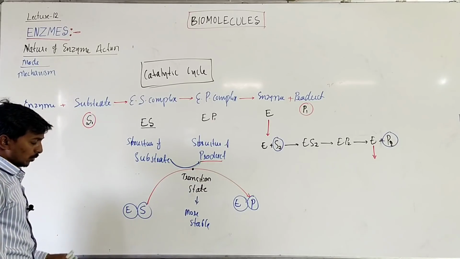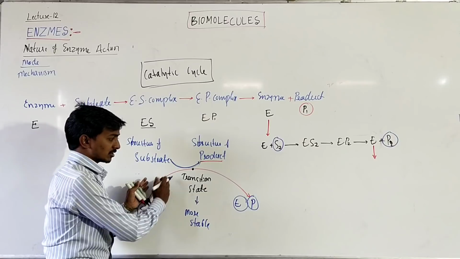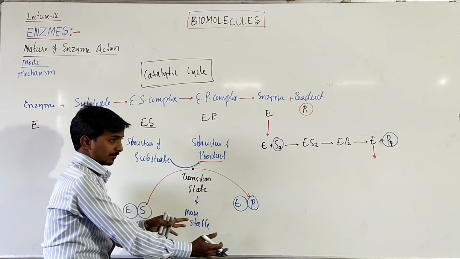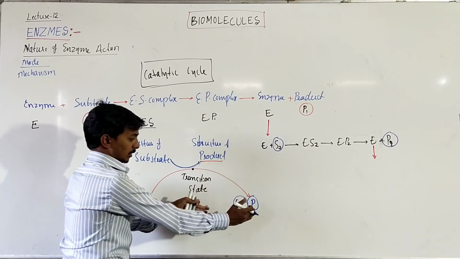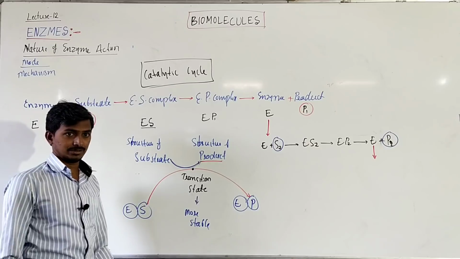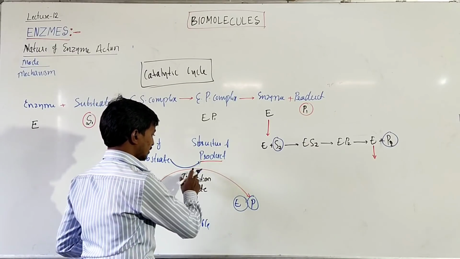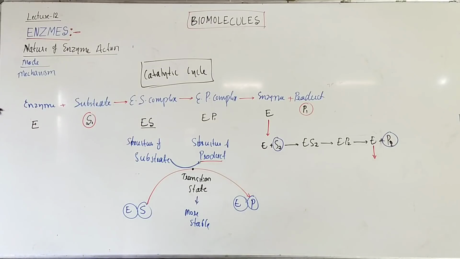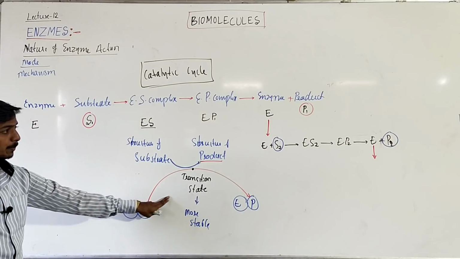Among all these altered structural states, as it changes the structures to form a product, this is the high energy state. Okay, so better we'll draw a diagram to show this properly.